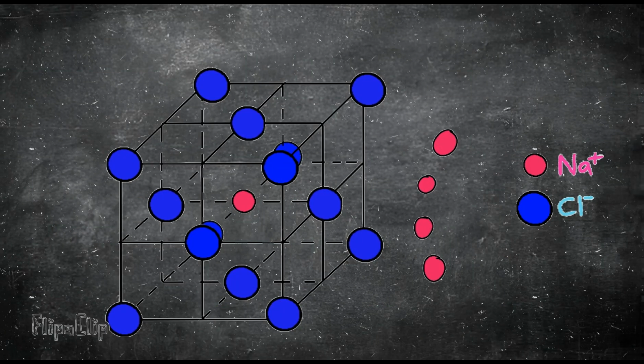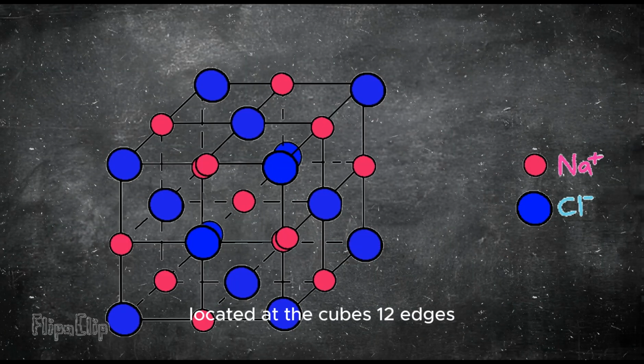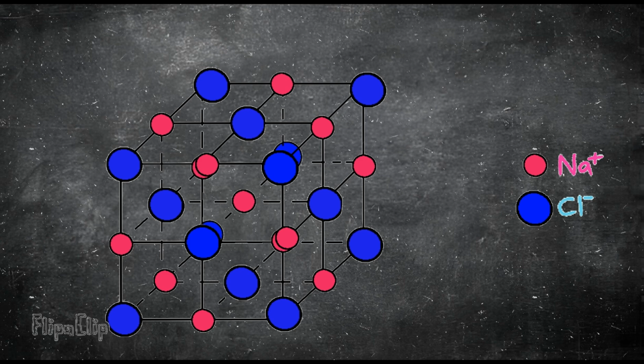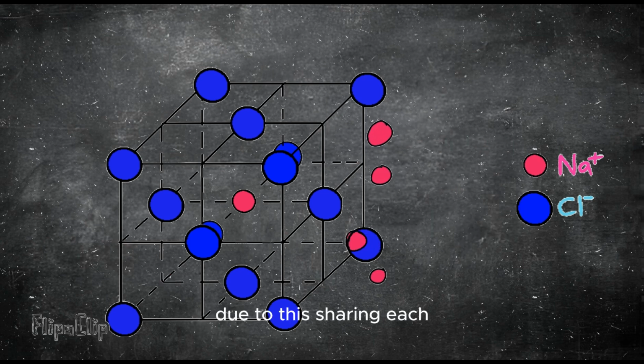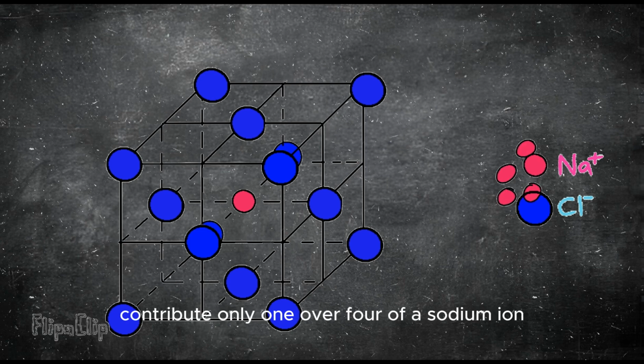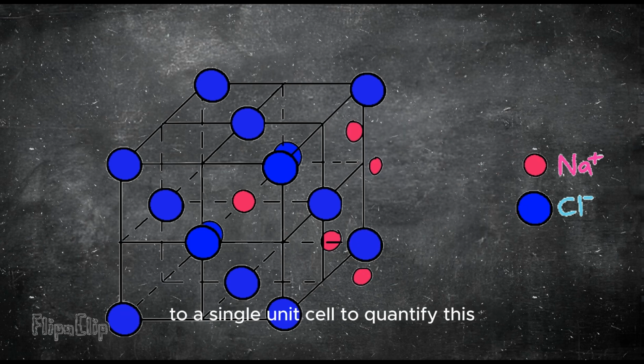Furthermore, there are additional octahedral voids located at the cube's 12 edges. Each of these edge-center octahedral voids is shared among 4 adjacent unit cells. Due to this sharing, each edge-center octahedral void contributes only 1/4 of a sodium ion to a single unit cell.